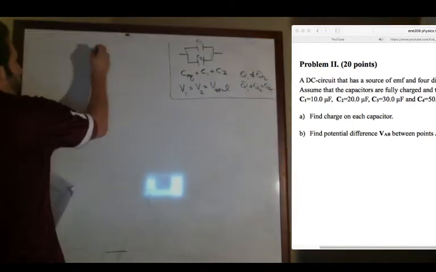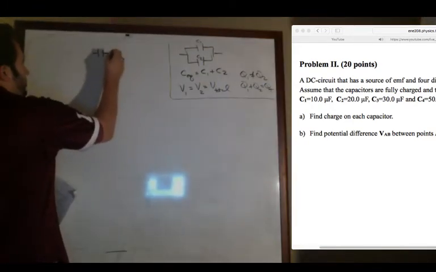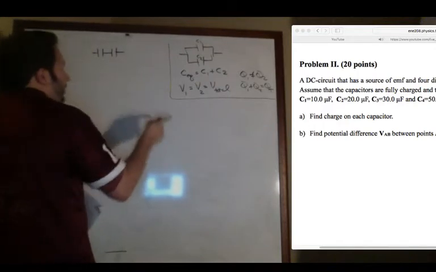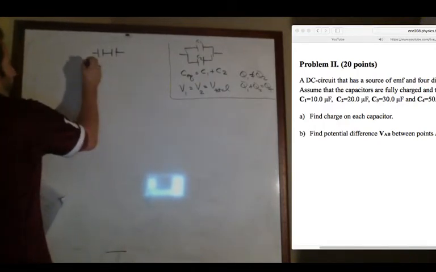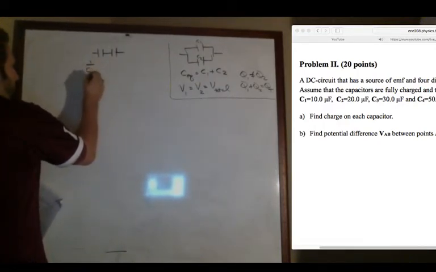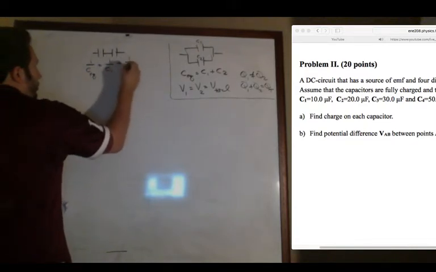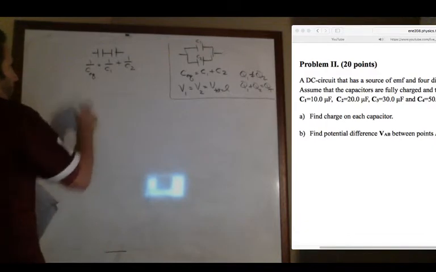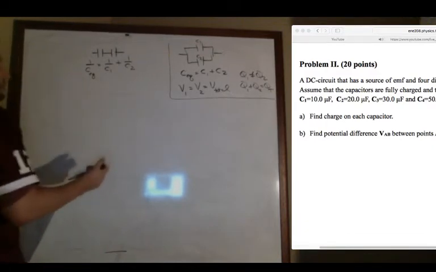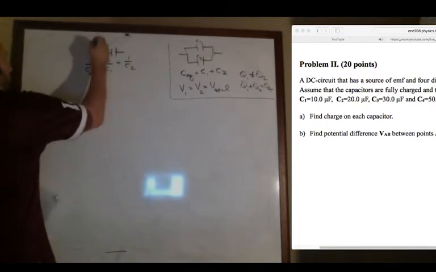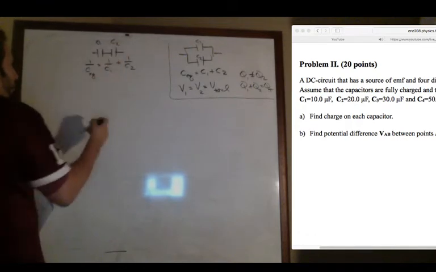And the rules for series, for capacitors in series, are as follows. In order to find the equivalent capacitance, 1 over CEQ is equal to 1 over C1 plus 1 over C2. And voltage is not conserved over capacitors that are in series.